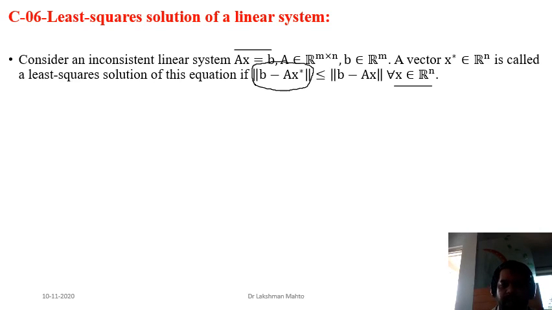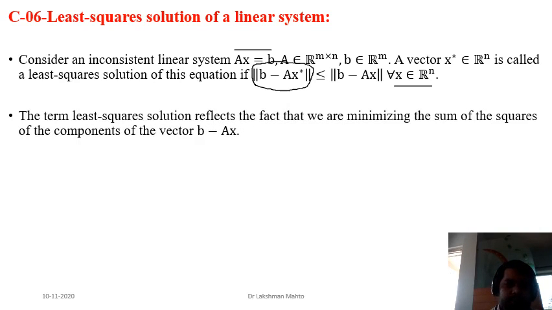That visual I had already discussed. So the term least squares solution reflects the fact that we are minimizing the sum of the squares of the components of the vector b minus Ax. That means it is a norm, and what norm? It is the Euclidean norm. I had already discussed how we define the Euclidean norm of a vector. Suppose x is an n-dimensional vector.